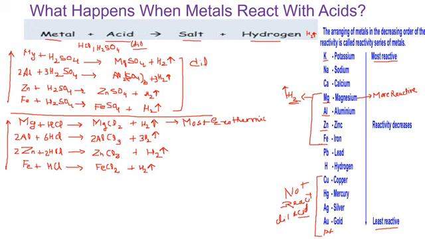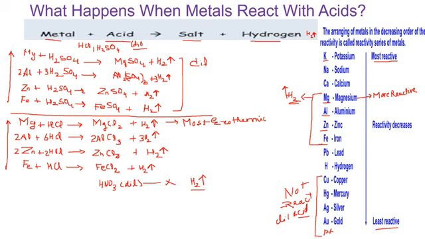Why haven't we considered nitric acid? With dilute nitric acid, these metals are not going to react. That means there will never be any release of hydrogen gas in case of dilute nitric acid.